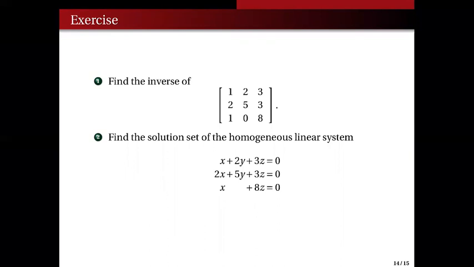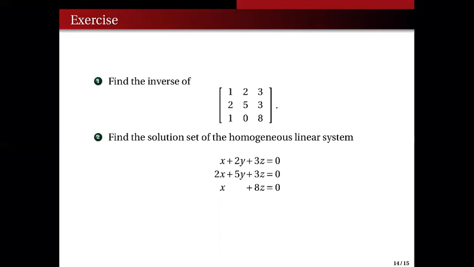Okay? And then you have to find the solution set of this homogeneous linear system. But I'll give you a hint. If you look at the coefficients here, you have 1, 2, 3, 2, 5, 3, 1, 0, 8. That's exactly this guy here.